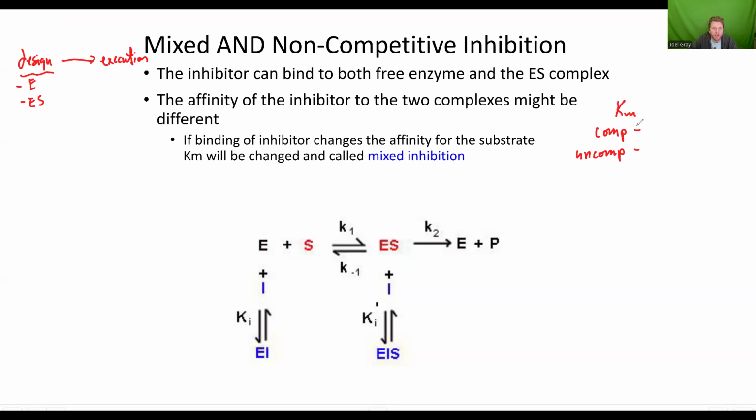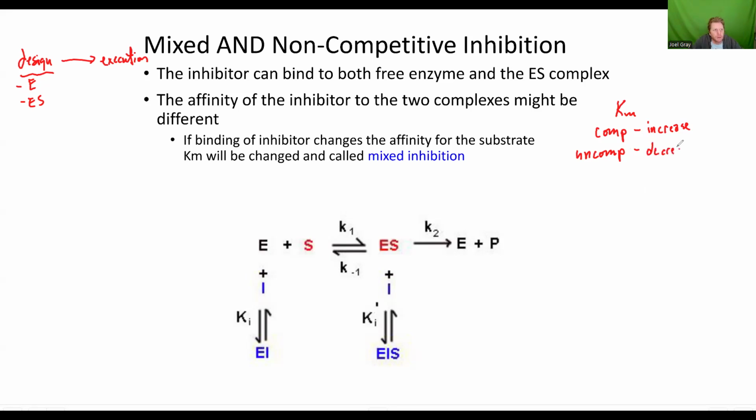With a competitive inhibitor, the Km absolutely increases. Great job, Micaiah. Sorry if I mispronounced your name. An uncompetitive inhibitor, what does an uncompetitive inhibitor do to the Km? Oh, awesome. Thank you. Great, great. Absolutely.